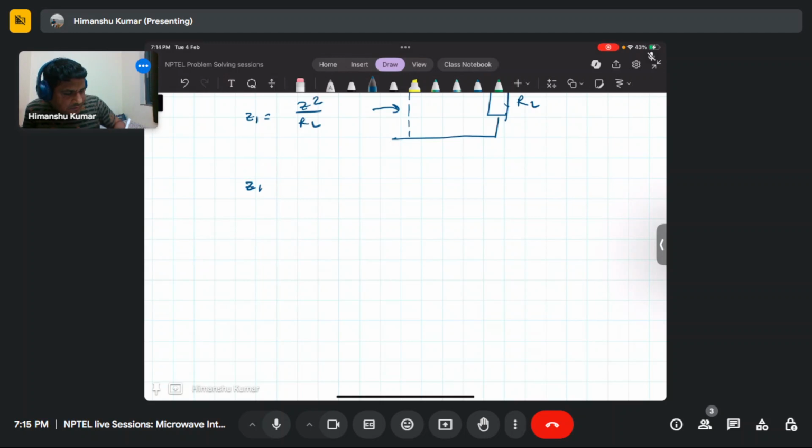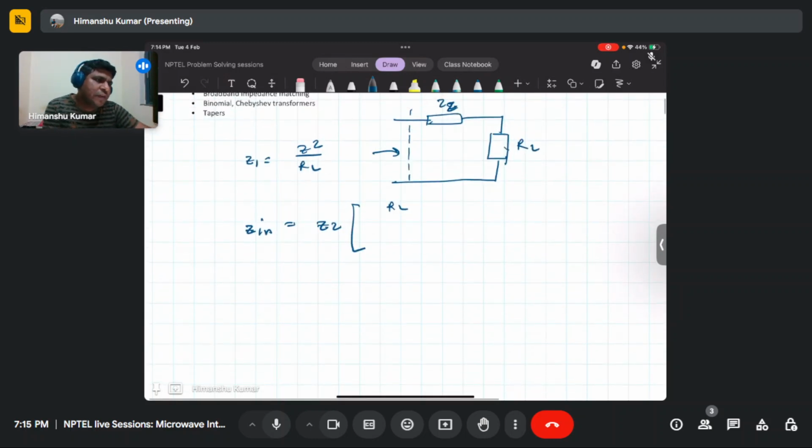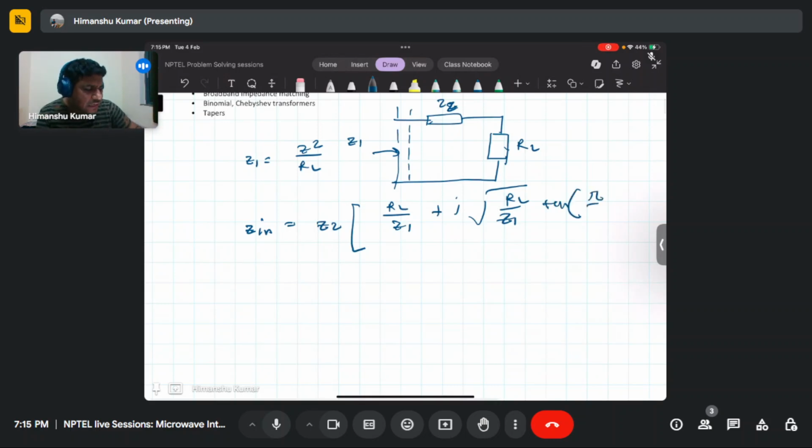So Z input you can write as Z2 times RL by... So if you want to match this to a transmission line of Z1, you can write it as RL divided by Z1 plus j times square root of RL by Z1, tan of pi by 2, and you can write beta L in terms of fractional frequency.